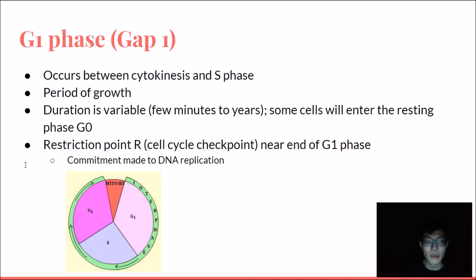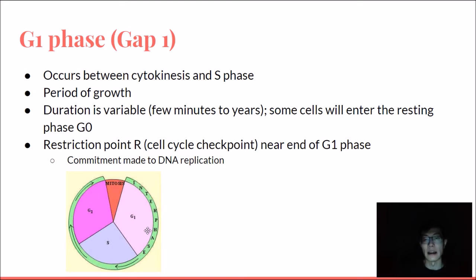So what's really key perhaps about the G1 phase is that towards the end there's a restriction point, also known as a cell cycle checkpoint. And basically it's over here somewhere, and if the cell decides to go through that restriction point, right?